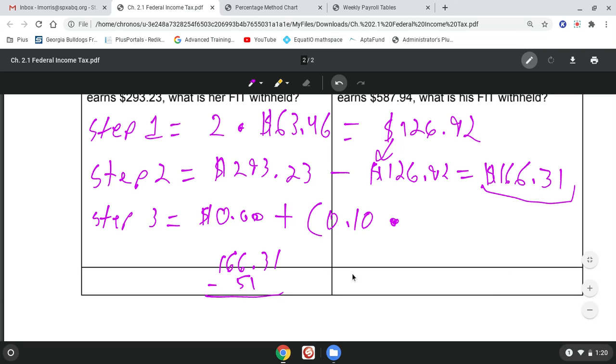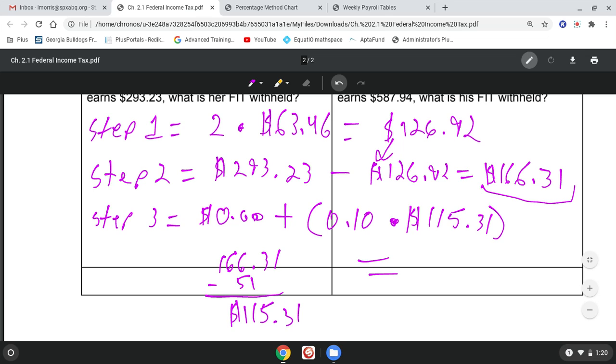That'll tell us everything that exceeds that. So that's 166.31 minus 51, which means $115.31 is what's actually going to be taxed, and 10% of that will be taxed. So that's what it would look like, and then we just compute that.